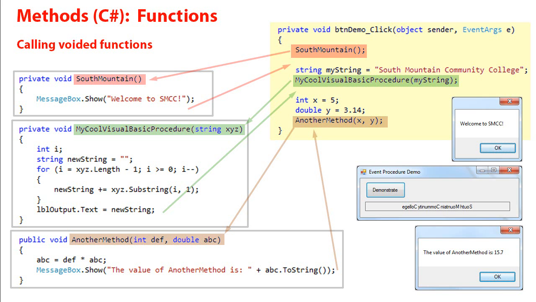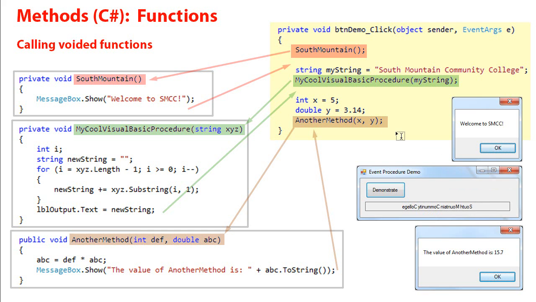So we're going to use that in a loop in which I'm going to start with the very last letter and decrement until I get to the first letter, and each time I'm going to concatenate a string with the letter at that position of i. And then I'm going to put that value into a label called lblOutput, into the text value of that label. And the result, as you can see in that little second box here, is going to put South Mountain Community College written backwards in the label.